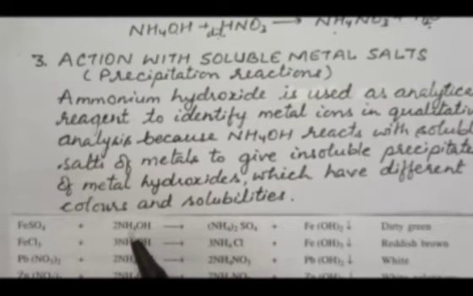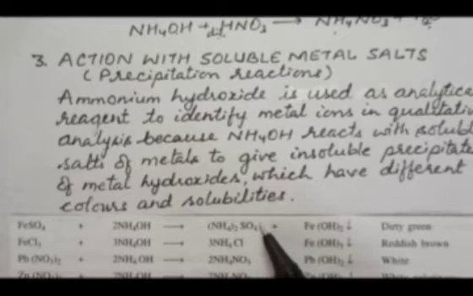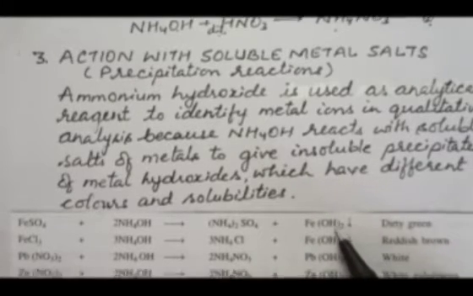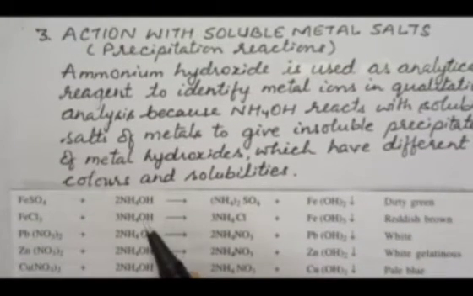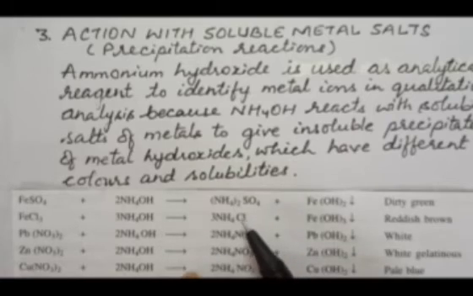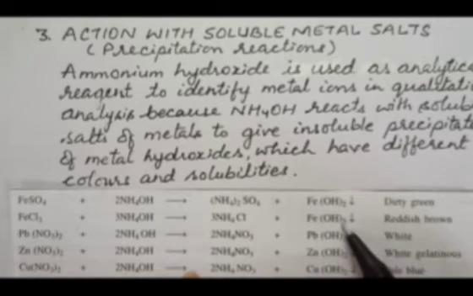When it reacts with ammonium hydroxide, it gives ammonium sulfate and a dirty green precipitate of iron 2 hydroxide. In the same way, iron 3 chloride reacts with ammonium hydroxide to give ammonium chloride and a reddish brown precipitate of iron 3 hydroxide, and both are insoluble in excess of ammonium hydroxide.